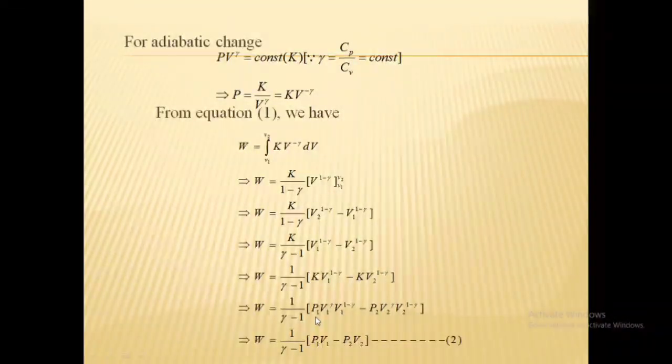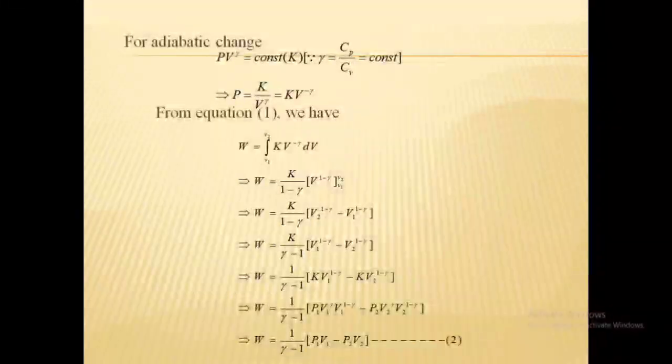You can ask how the term P1 V1 to the power gamma comes in case of K. As we know, PV to the power gamma equal to constant, and that constant is denoted by K.